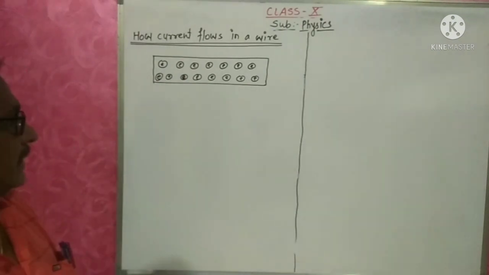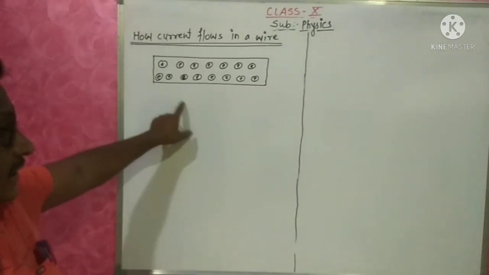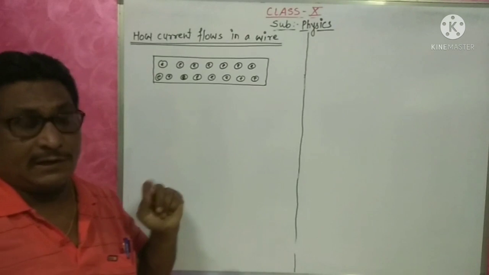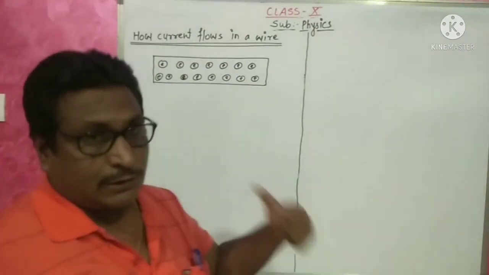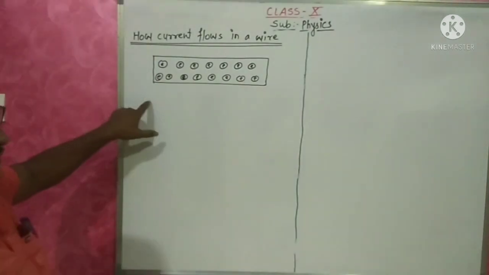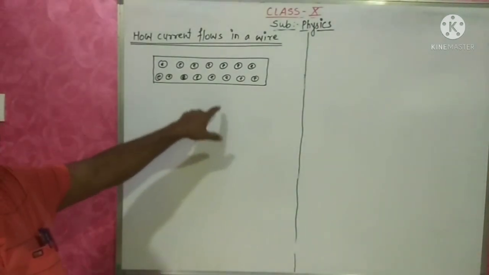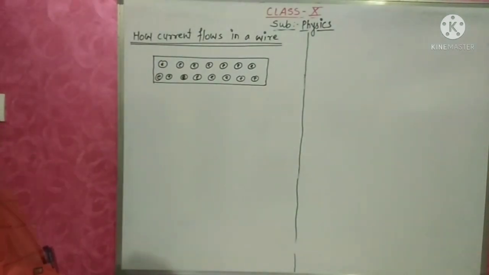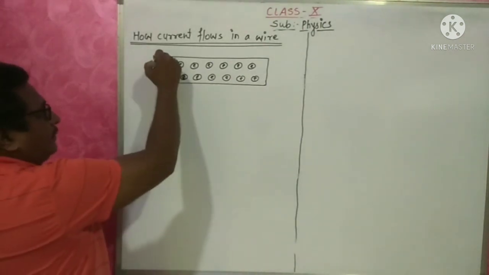This conductor is not connected to the battery, which means current is not flowing through the conductor. So when current is not flowing through a conductor, the electrons are moving randomly.